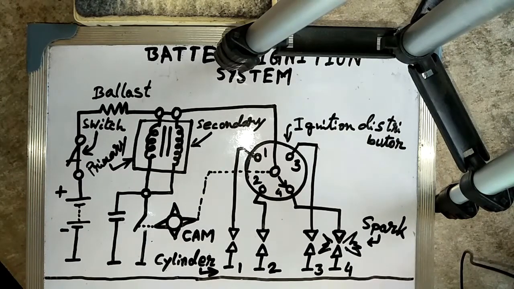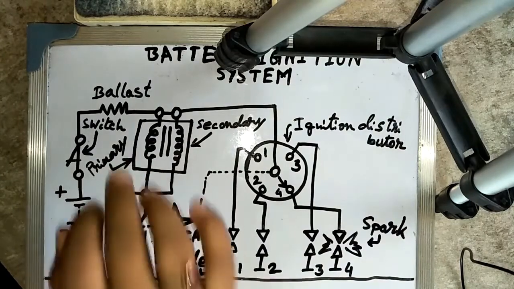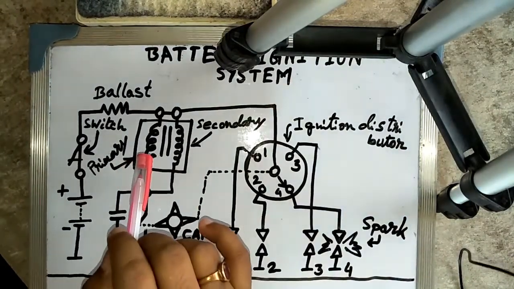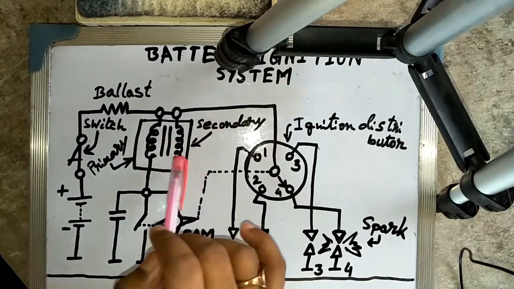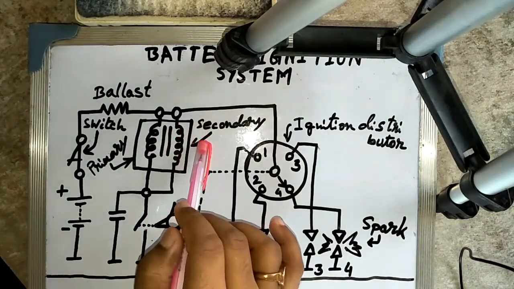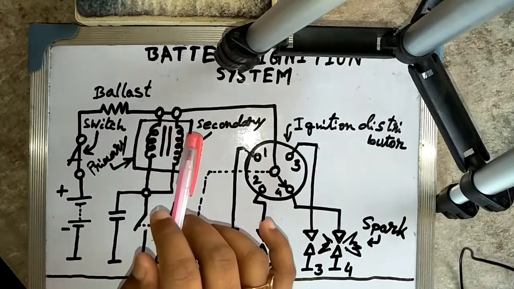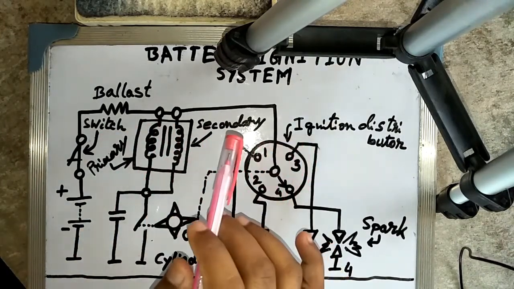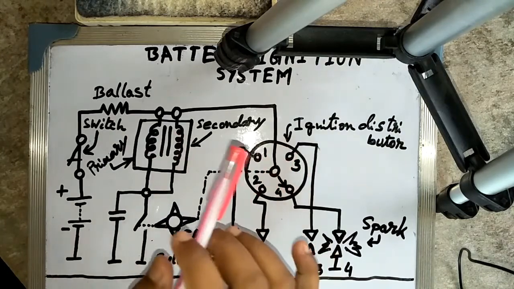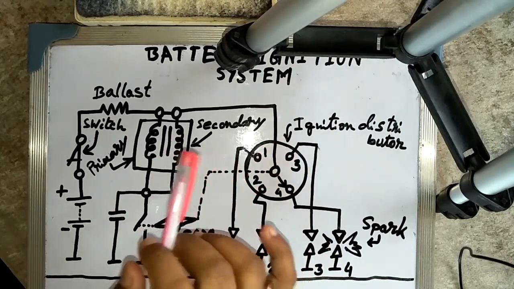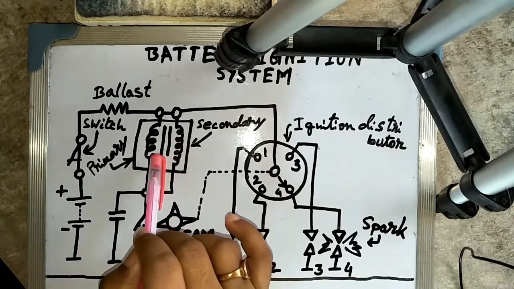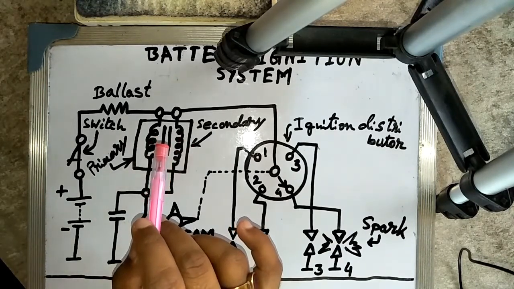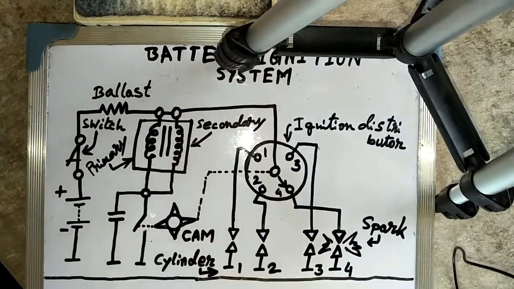The primary winding, suppose this is L1, has a few turns of heavy copper wire, and the secondary winding, this one, is L2, with many turns of fine copper wire. The primary and secondary windings are wound around the laminated iron core, which has the effect of increasing the strength of the magnetic field and thus the amount of energy stored.